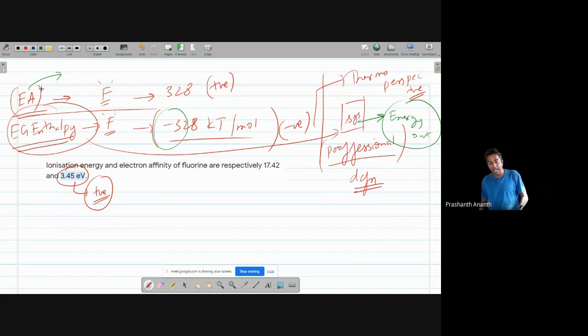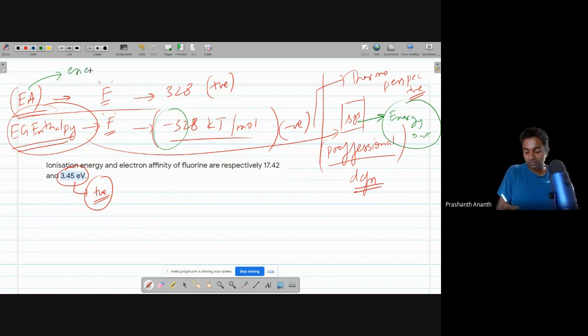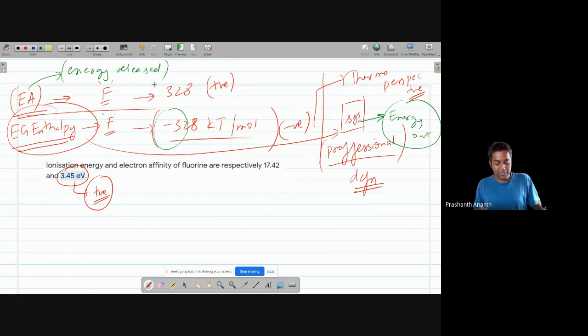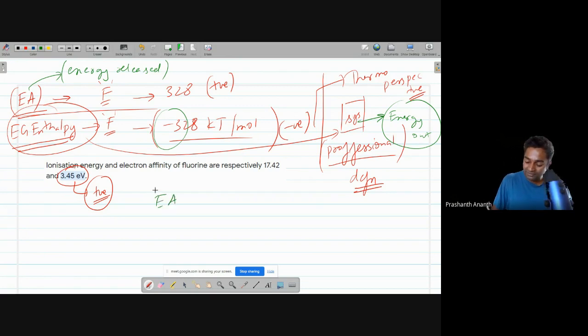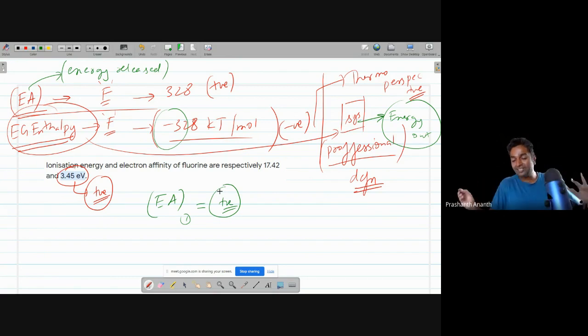It is defined as energy released. You understand the problem here? If I'm looking at EA1, that will be given as positive normally. It is defined itself as energy released in the process.